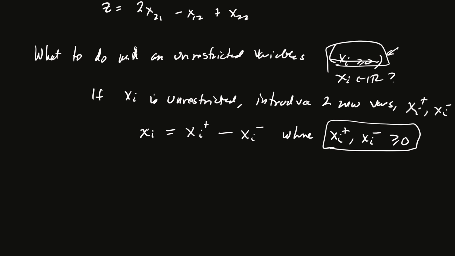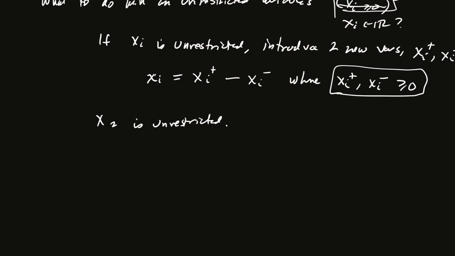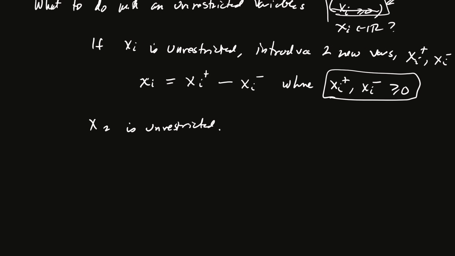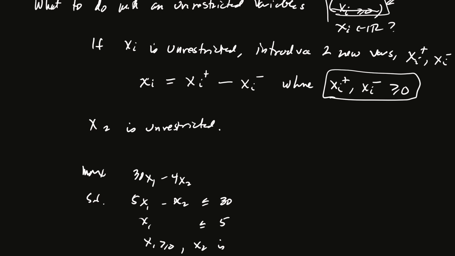So let's do a specific example here. How about if x2 is unrestricted? And I'm given an LP, let's see, how about I'm going to maximize 30x1 minus 4x2 such that 5x1 minus x2 is less than or equal to 30, and x1 is less than or equal to 5. x1 is greater than or equal to 0, but x2 is unrestricted in sign.